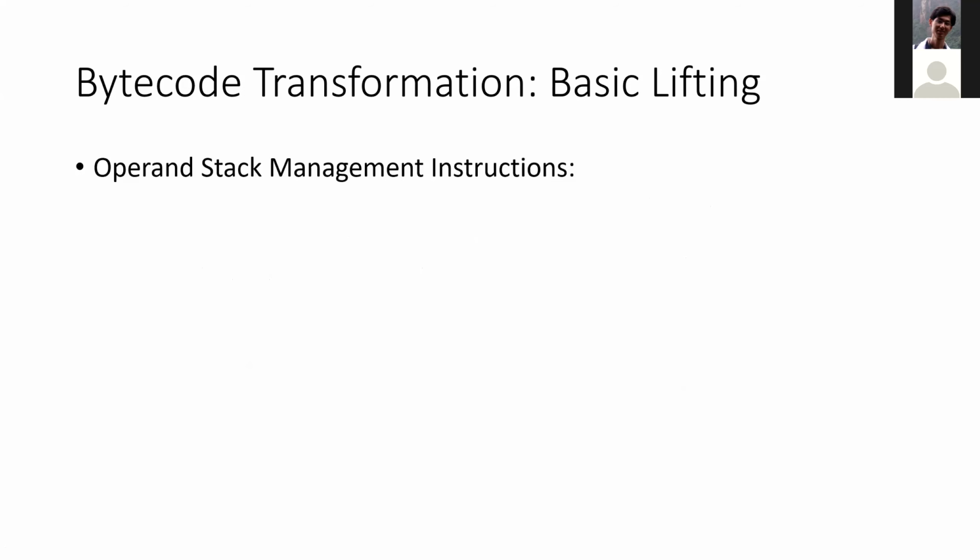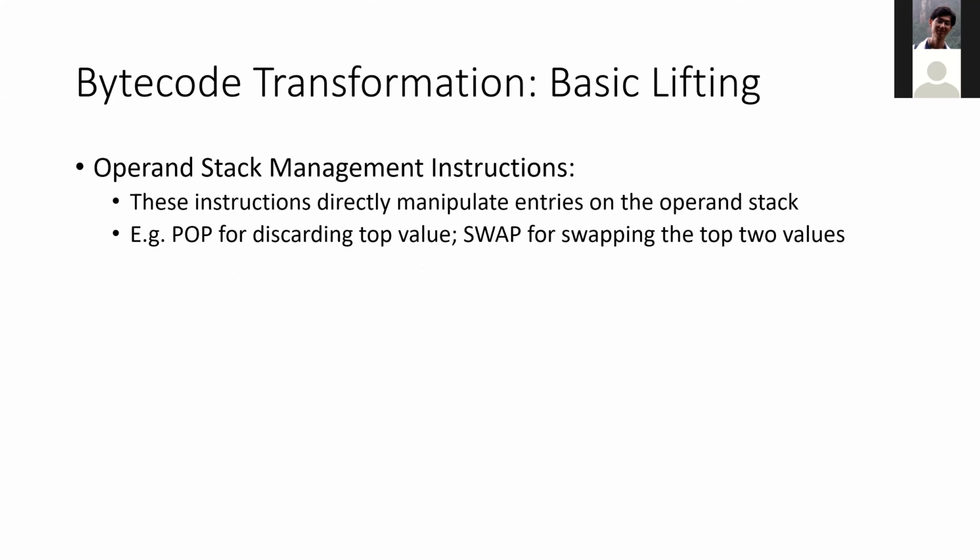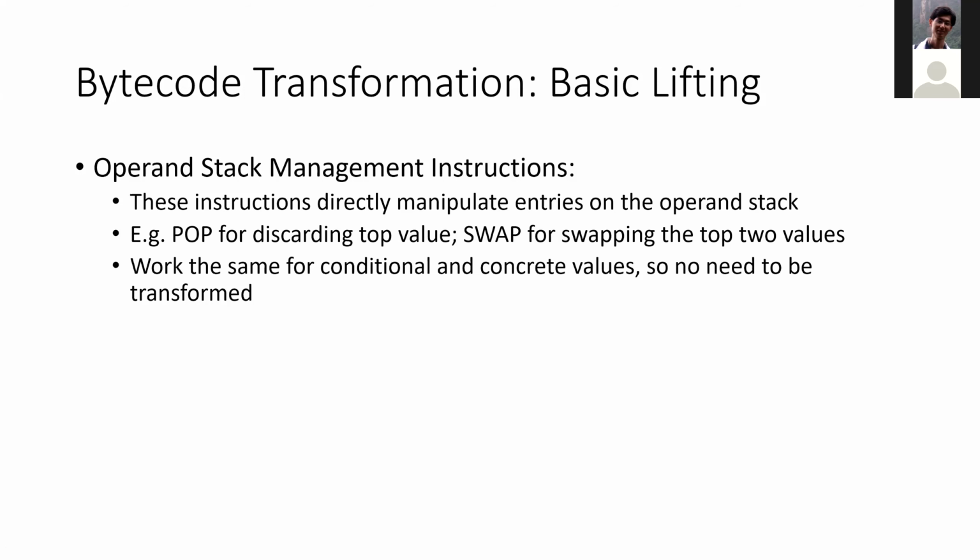And then there are some operand stack management instructions. These instructions directly manipulate the values on the stack. So for example, there's pop or swap instructions. And basically it works the same for conditional and concrete values, so we don't need to transform them.